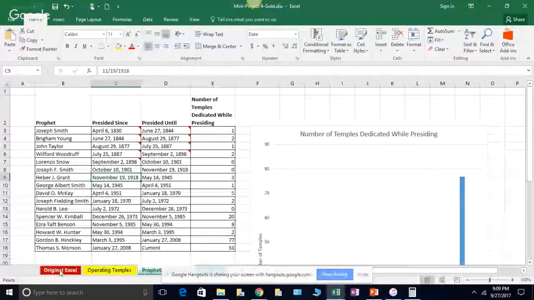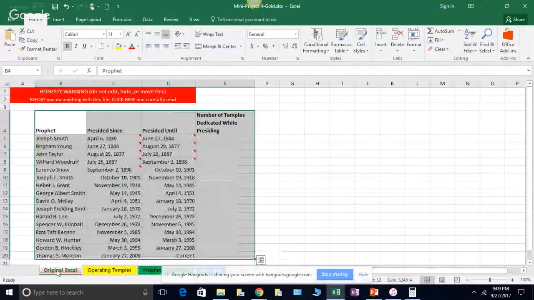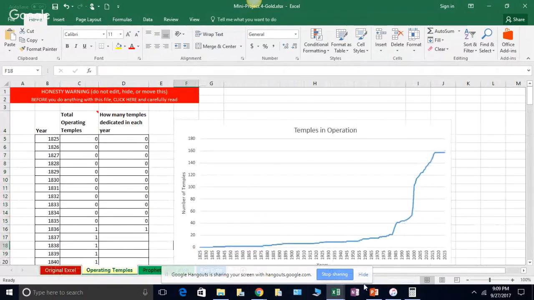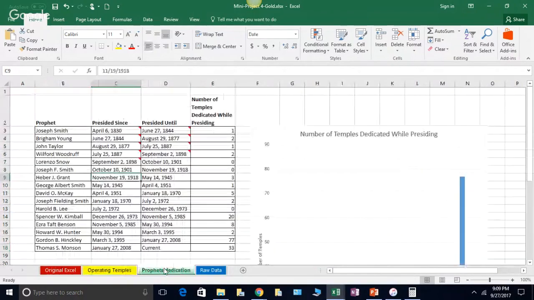So what I did was I put the original Excel. I hid all the stuff in regards to what it means to the honesty and everything. I did keep the original on this one, and then I have the profits dedication, and I labeled the two things that they had asked, and then I collected the raw data.